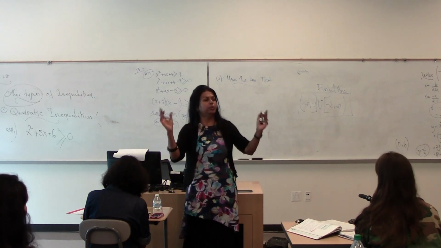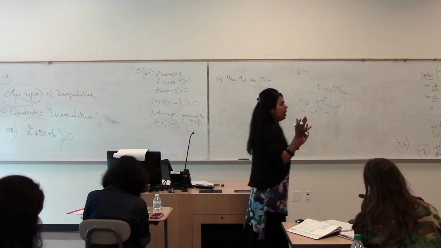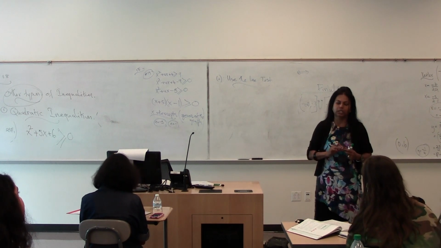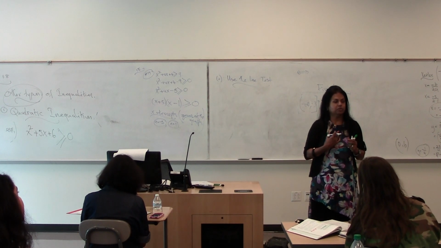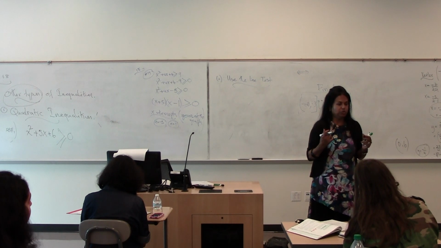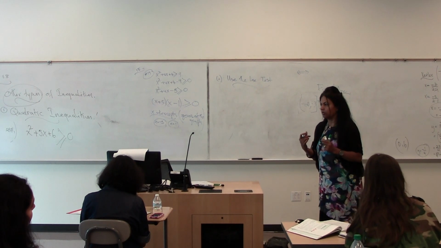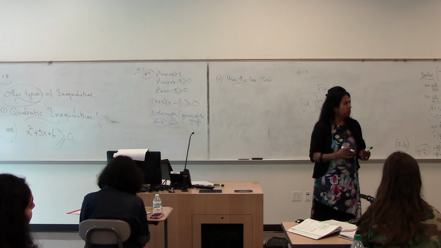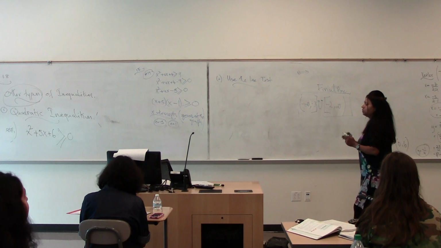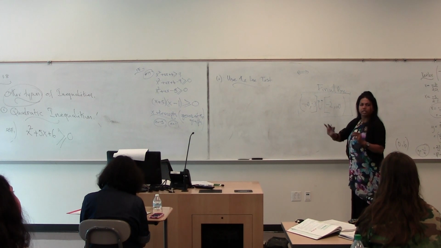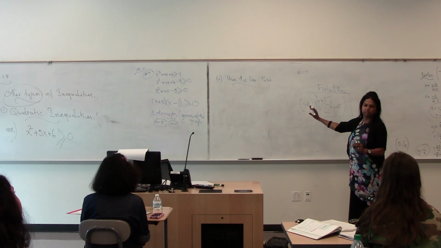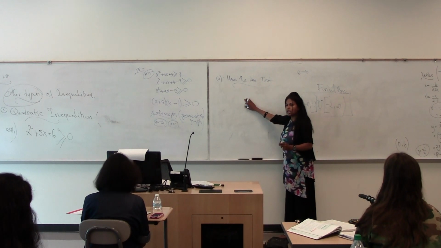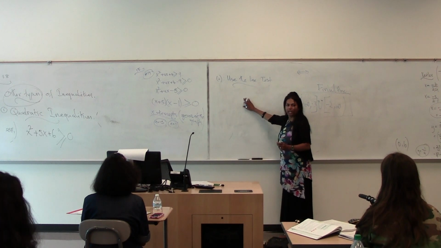Even though you know how to do it differently, the requirement for this class is that you must show the working graph. I have my reasons, I told you guys this before. If you don't do the working graph, most of the time you get it wrong. I have lots of experience, I've seen it many times. So I'm telling you, you need to do the working graph. Likewise, this is a requirement for this class to show the line test. You must show the line test.